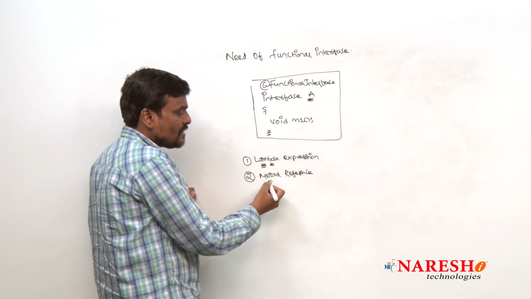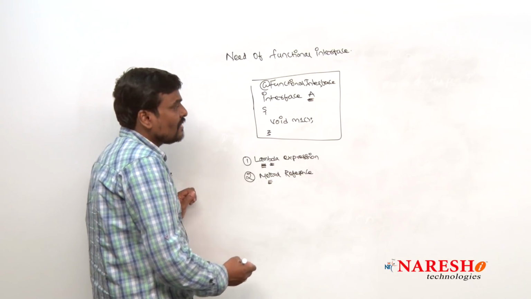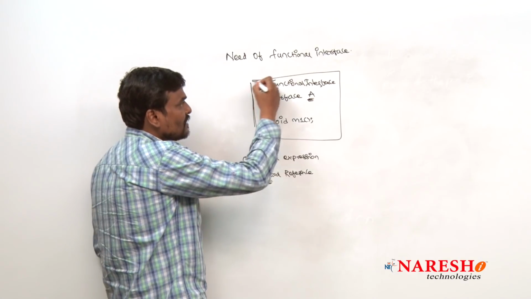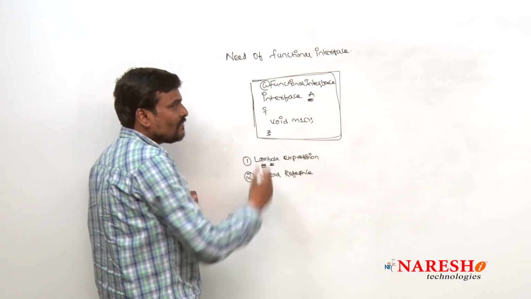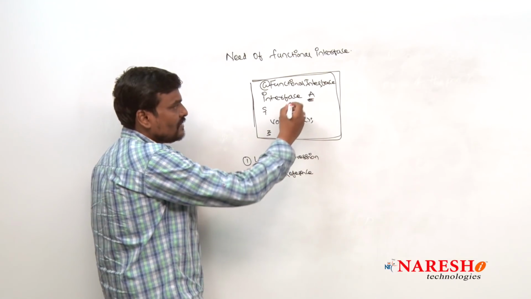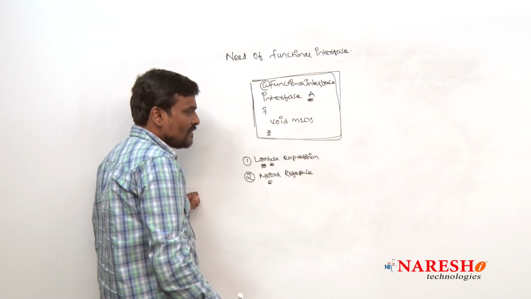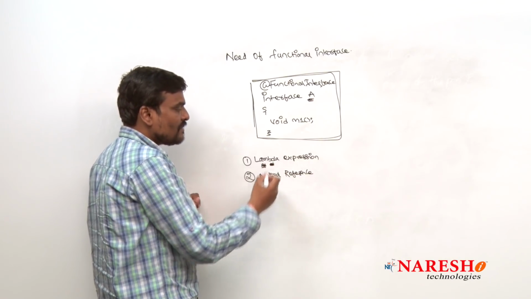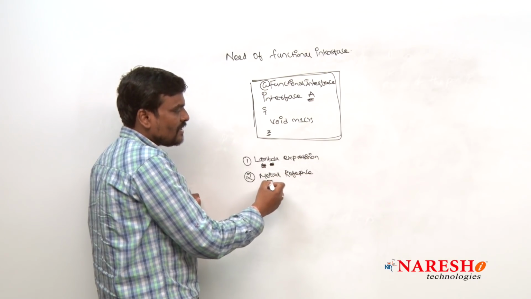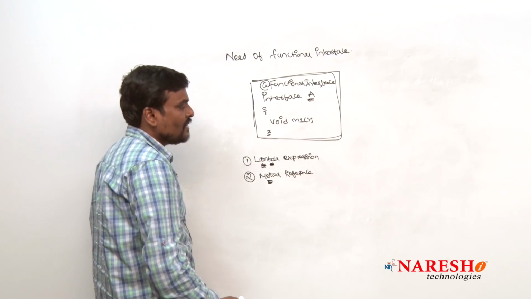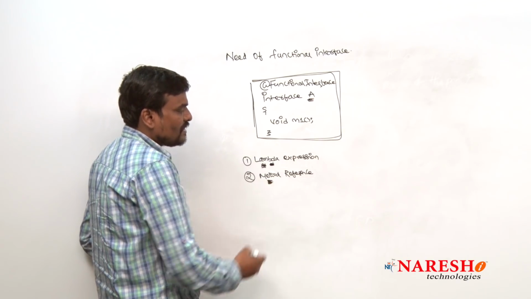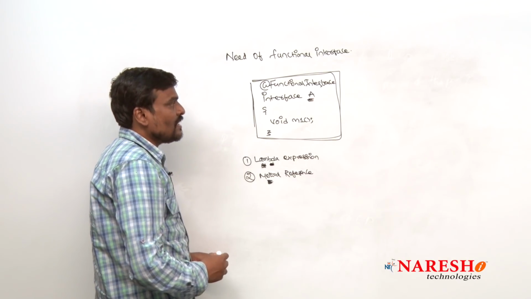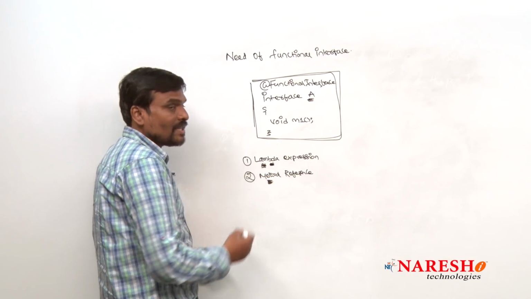Generally an interface is implemented but not instantiated. So this is a functional interface, and the implementation of this functional interface can be represented as a lambda expression, or it can be represented as what? Method reference.